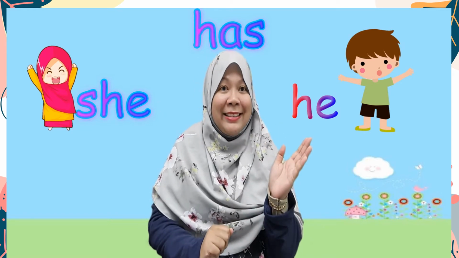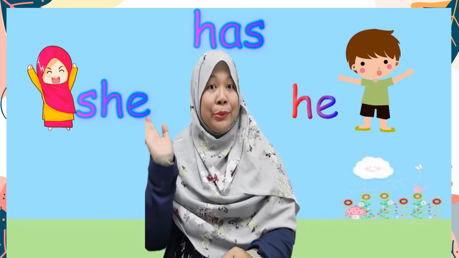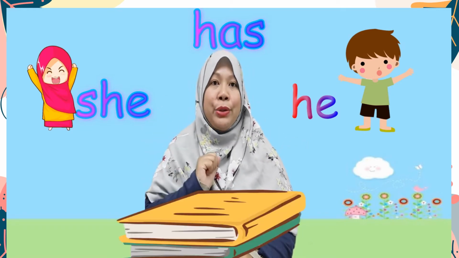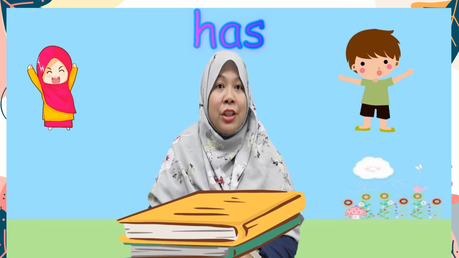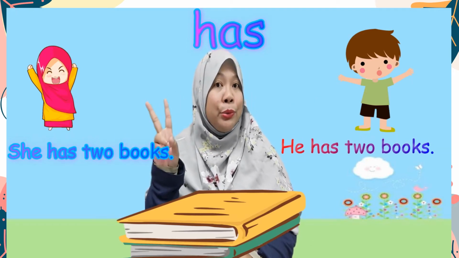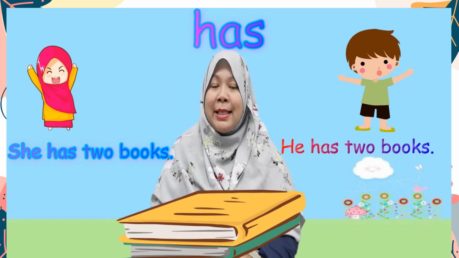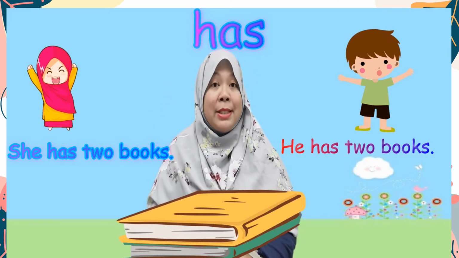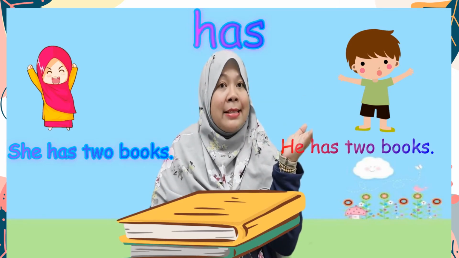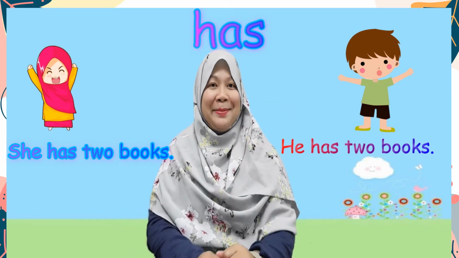Dia ada lelaki, dia ada untuk perempuan. So if we want to say she has 2 books, she has 2 books. And for boys we said he has 2 books.